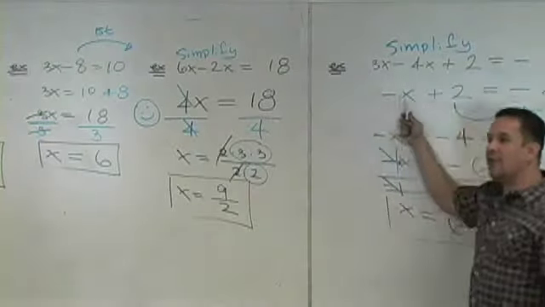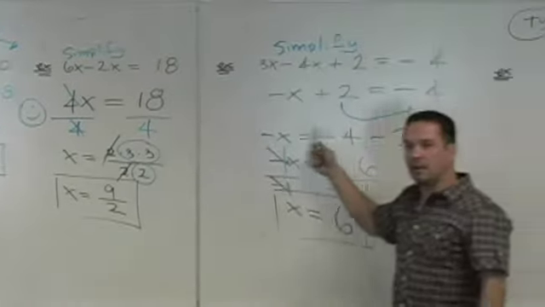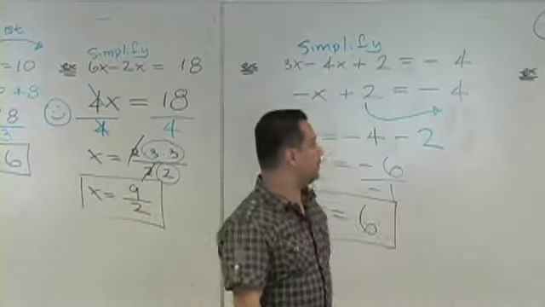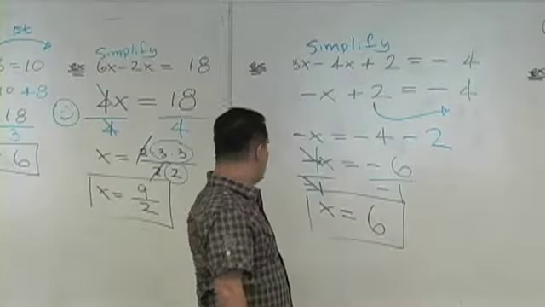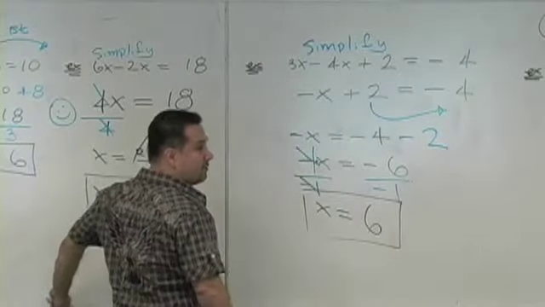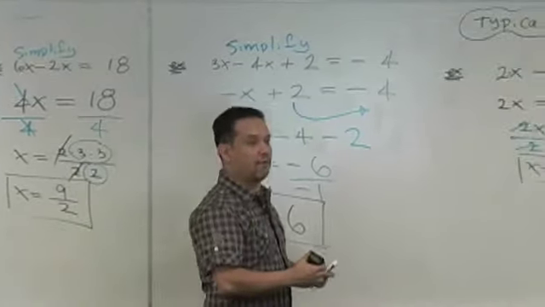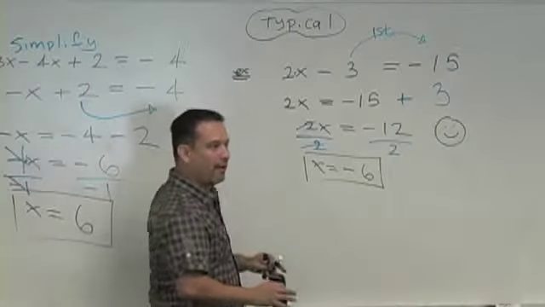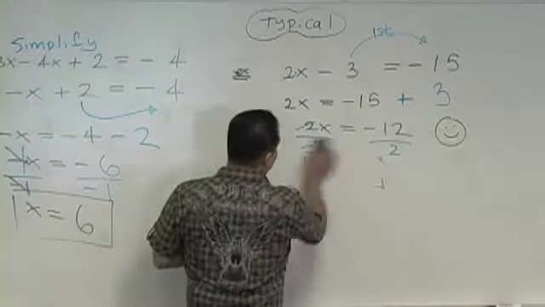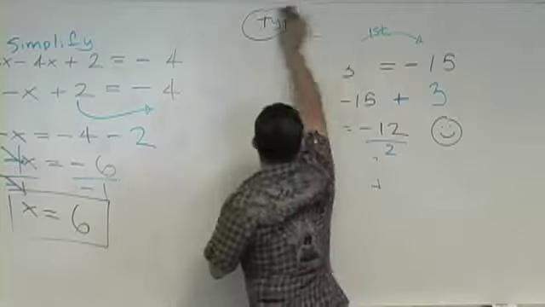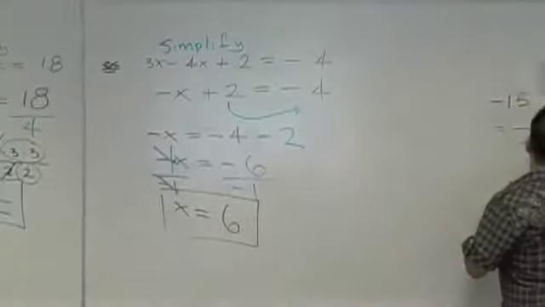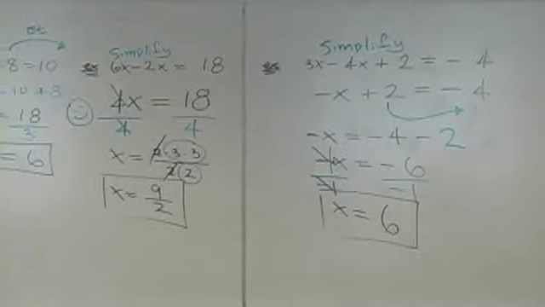So do that if you can. Simplify if you can. Not simplify if you can. Simplify when you have to. There's no choice. It's not if you can. It's simplify when you're given a problem that needs simplification.